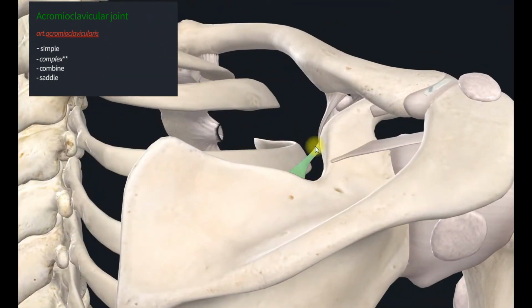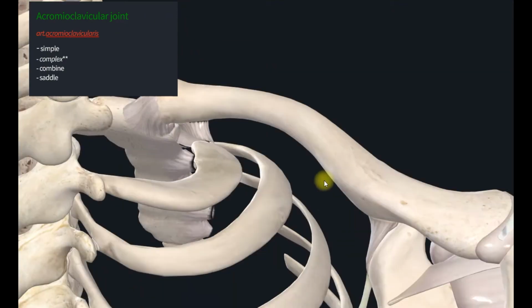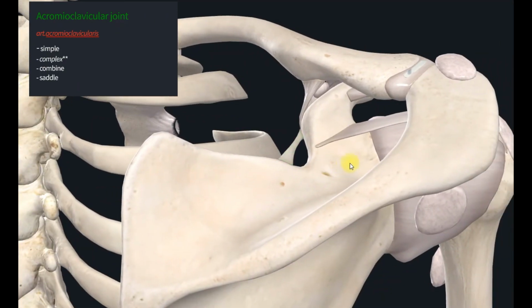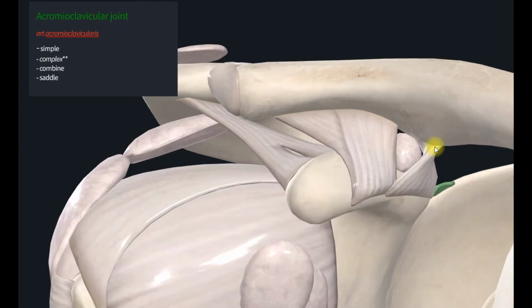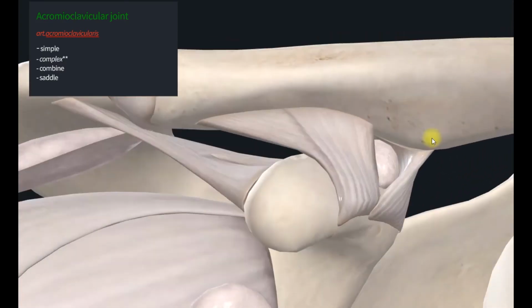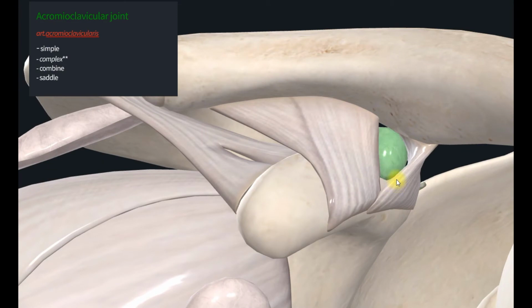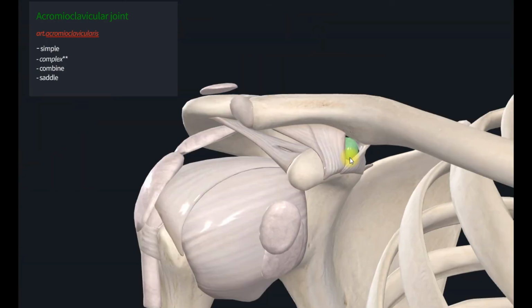These two ligaments form foramens through which the arteries pass. Also, at sites of movement and close relationship between the bones, you can find bursas, like the coracoclavicular bursa, which prevents trauma and erosion between these two bones.